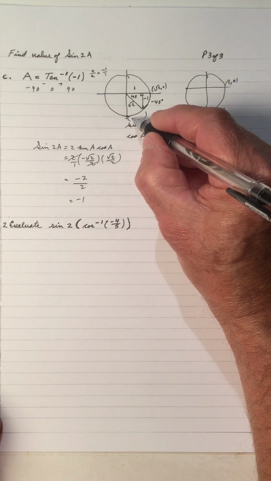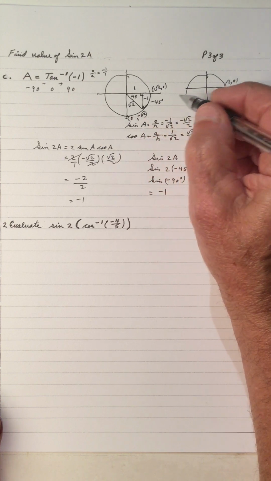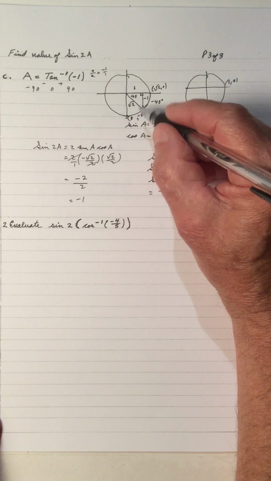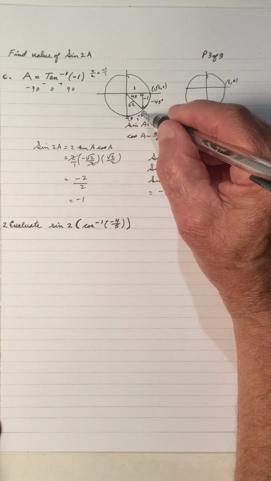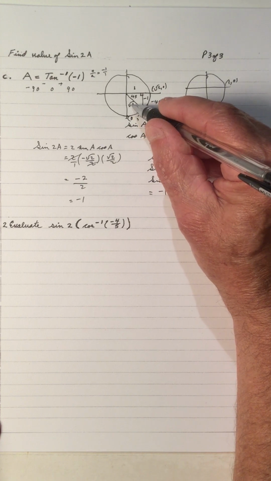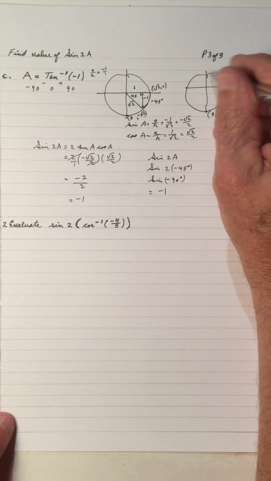And so this point here is 0, negative root 2. And so sine would be the opposite over the hypotenuse. So in terms of negative 90, it would be the y over the hypotenuse, so it's negative root 2 over root 2, which is negative 1. Again, it's easier to use the unit circle.